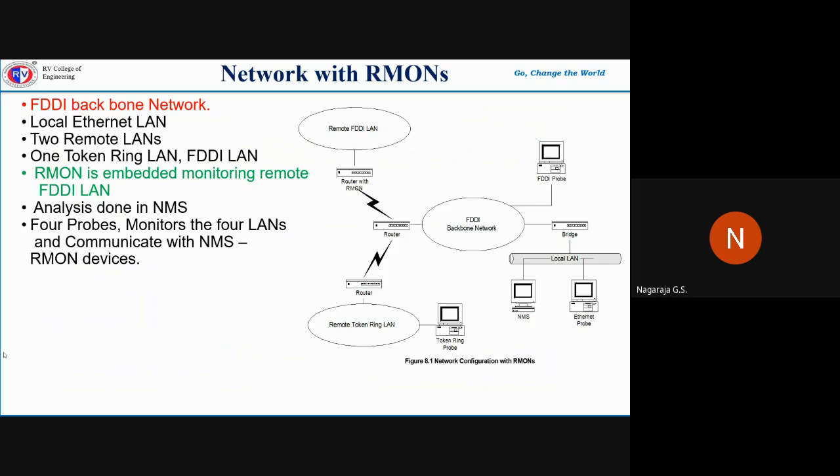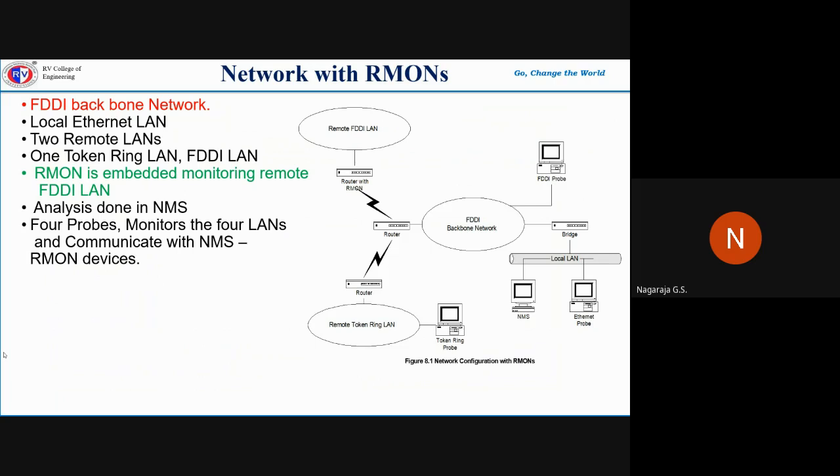And at the bottom, you have a remote ring probe. Sorry, that's a token ring probe. It's a token ring RMON probe, which is connected to a remote token ring local area network.